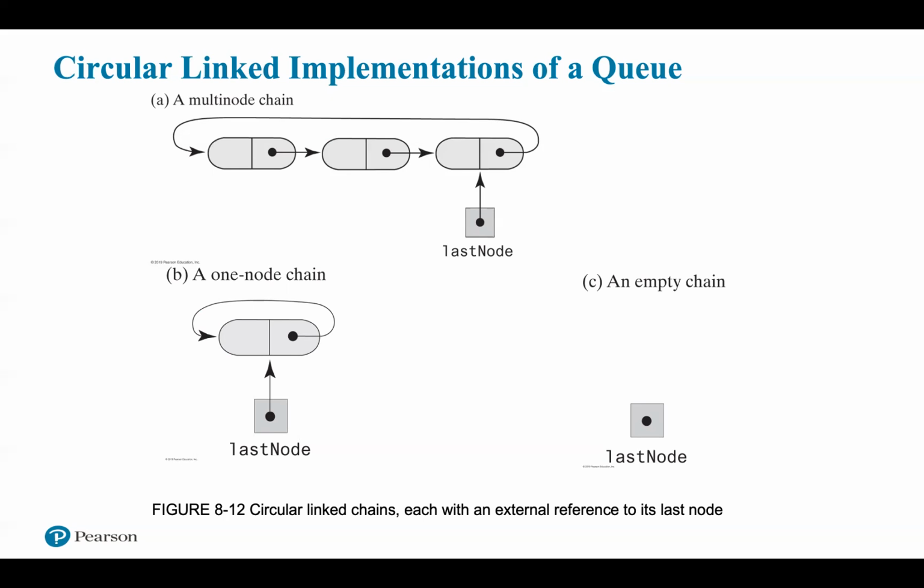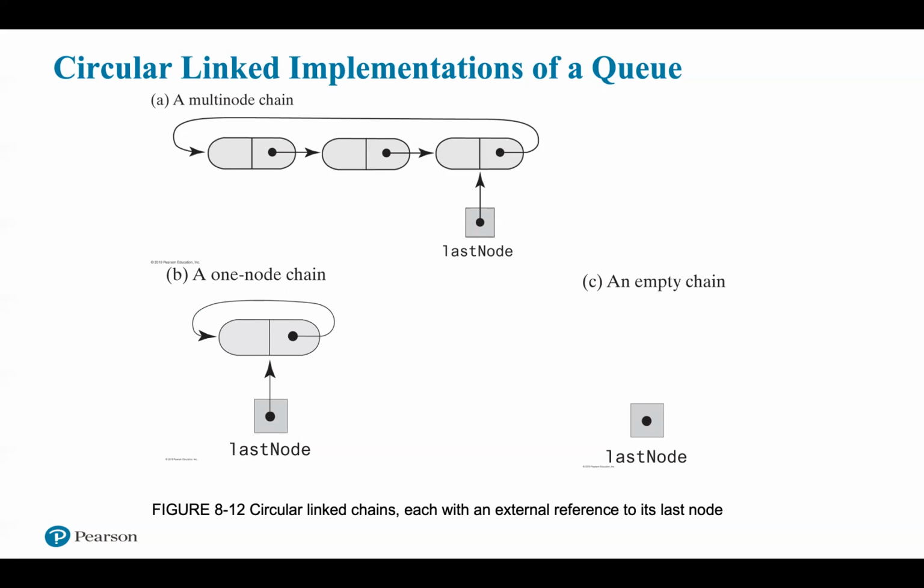Like the chains you have seen before, the last node in this chain contains null. Such chains are sometimes called linear linked chains, regardless of whether they have a tail reference in addition to a head reference.